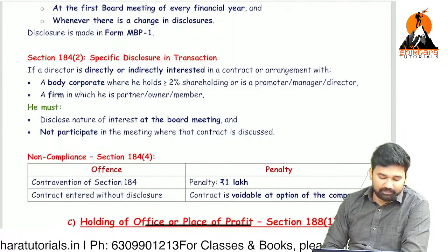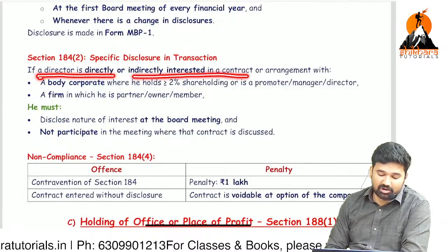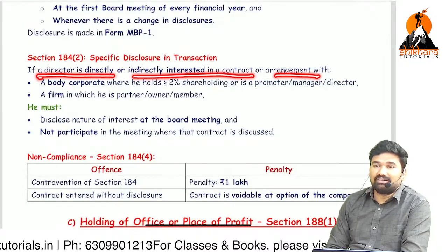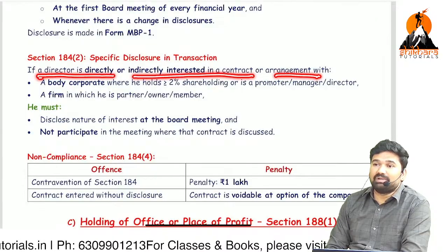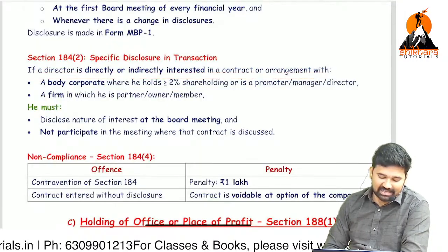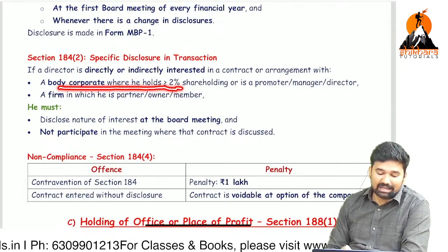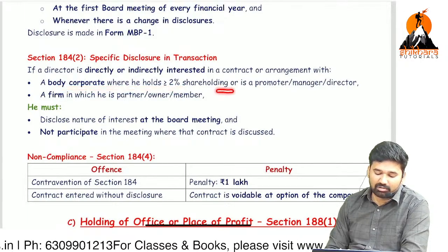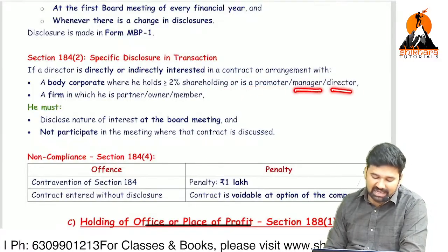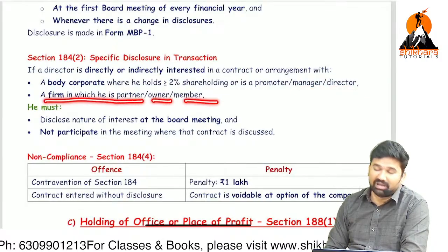Next one, 184(2), specific disclosure in transaction. Read out carefully. If a director is directly or indirectly interested in a contract or arrangement. When can a person be termed as directly or indirectly interested? In a body corporate where he holds greater than or equal to 2% shareholding, or is a promoter, manager, or director, or a firm in which he is a partner, owner, or member.